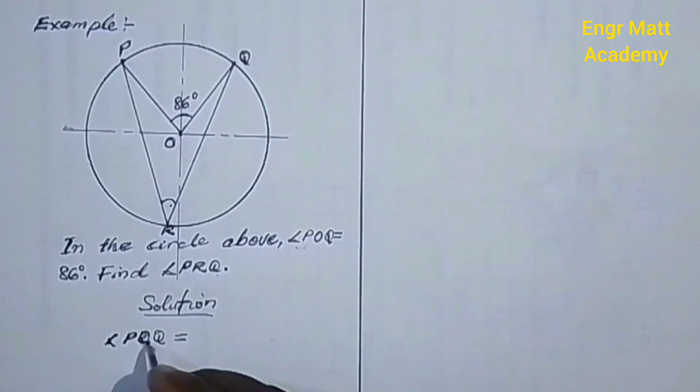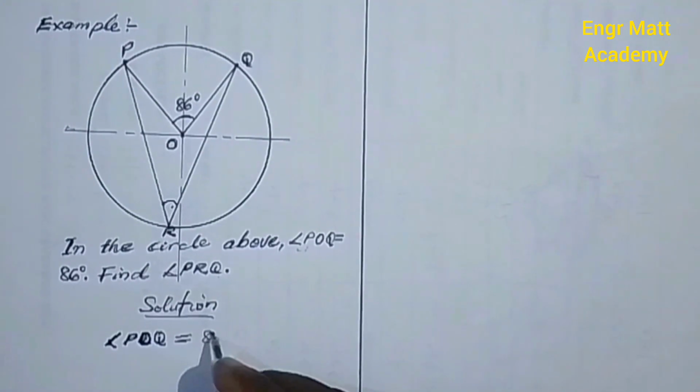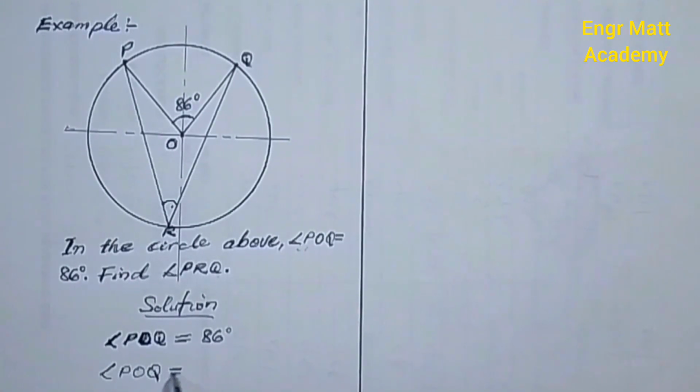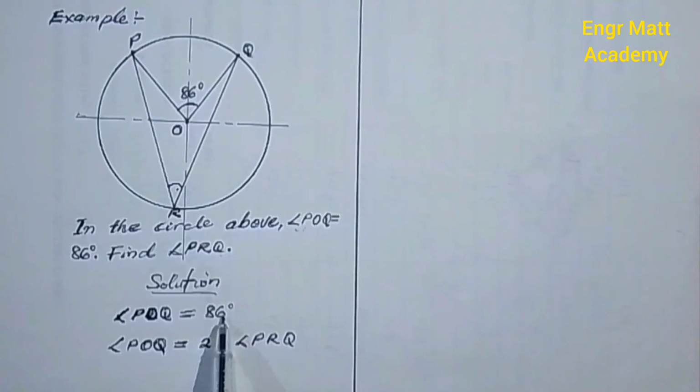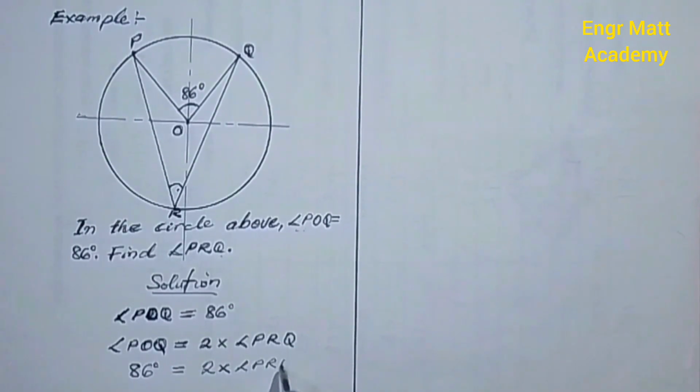So let's see the solution. POQ is equal to 86 degrees. But Theorem 1 says angle POQ is 2 times angle PRQ. Since we know POQ to be 86 degrees, it means that 86 degrees will be equal to 2 times angle PRQ. We're interested in angle PRQ, so we remove 2. How?